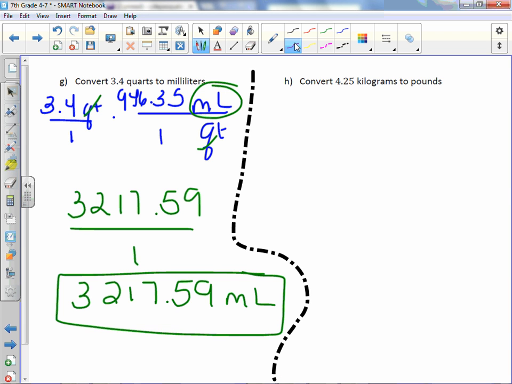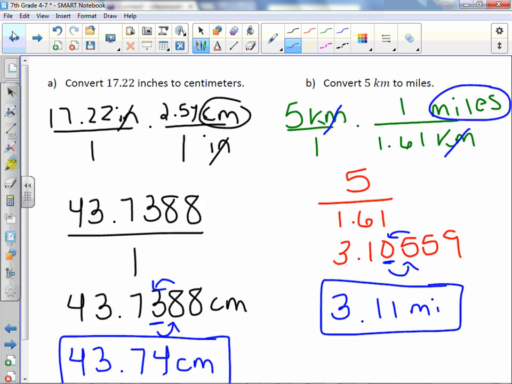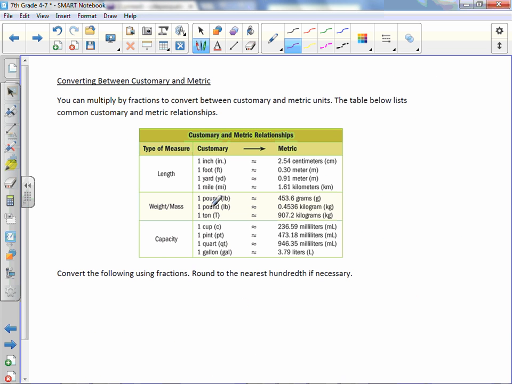Letter H, convert 4.25 kilograms, which is kg, over 1. We're converting kilograms to pounds, which is lb. So we need kilograms to pounds. 1 pound is approximately 0.4536 kilogram.